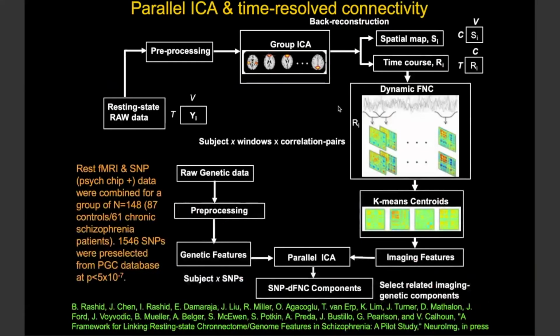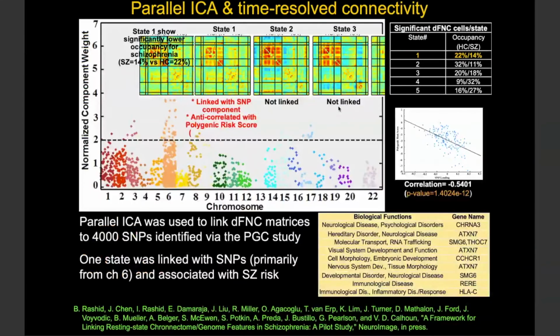And we can use that approach to take dynamic connectivity states and single nucleotide polymorphism array data and look for essentially common covariation among those in a parallel ICA framework. And what I'm going to do is just jump to the results, because I think it motivates what we're trying to do.